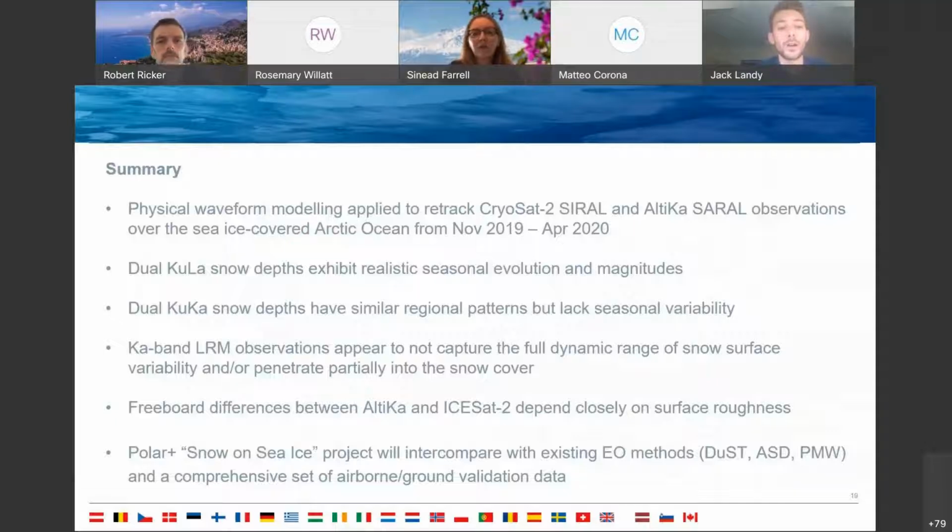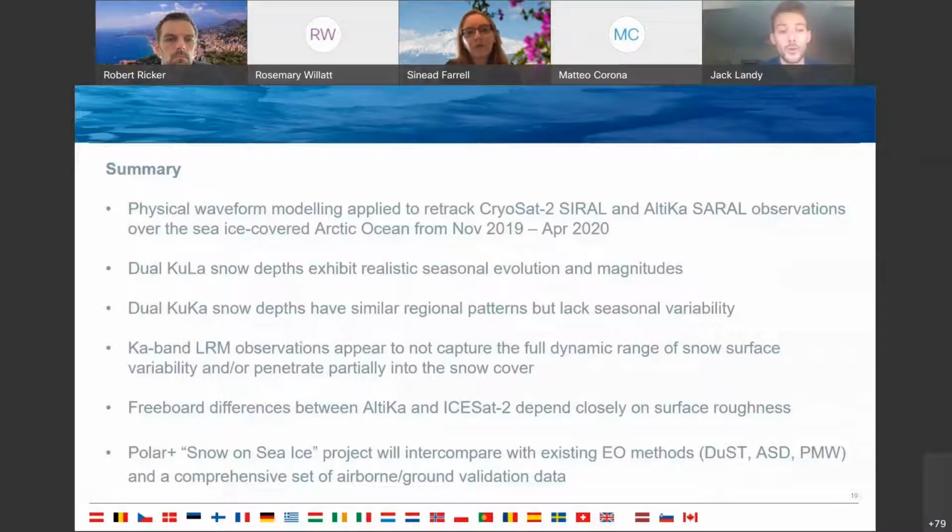But the Ku-band CryoSat-2 Antarctica snow depths lack seasonal variability. The Ka and LRM observations from Antarctica may not be able to capture the full dynamic range of snow surface variability, and there may be some partial penetration into the snow cover, especially over first-year ice at the end of the season. And we find the freeboard differences between Antarctica and IceSat-2 depend closely on surface roughness.